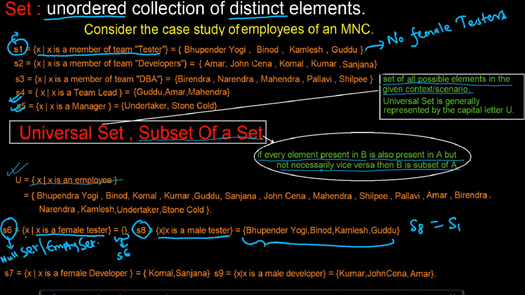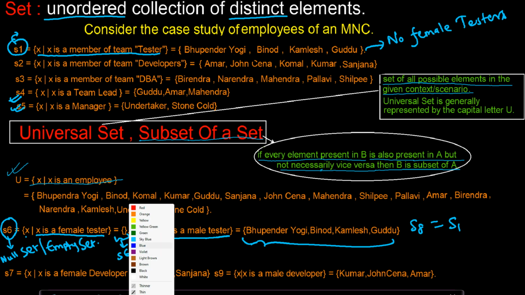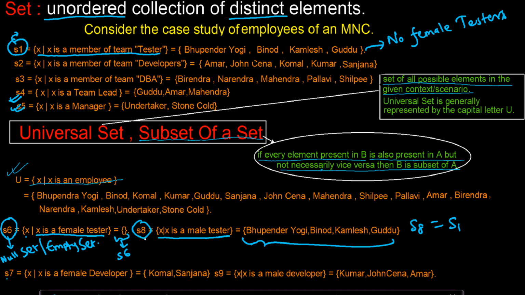Look at another set, S7. S7 is X such that X is a female developer. That is Komal and Sanjana. So if you look at the set S2, it has Komal and Sanjana.